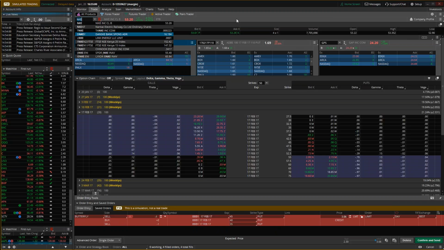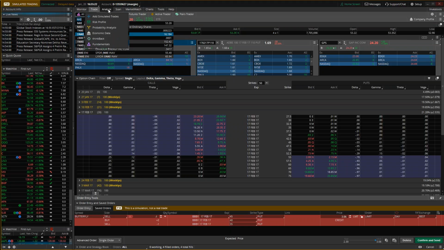What are some of the risks with this strategy and how is it different from the straddle? This is a defined risk strategy. One of the things with the straddle is you're going to have higher risk. When you're buying that straddle, you need to have a much bigger move.